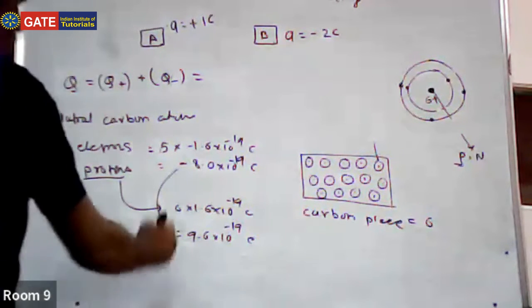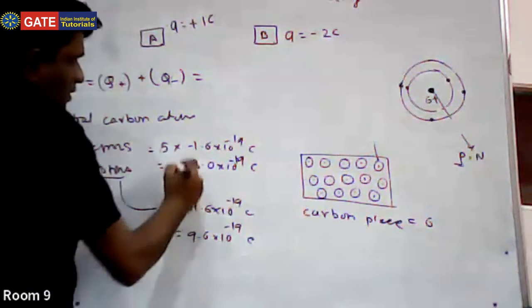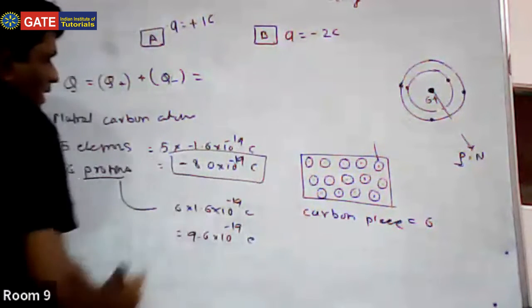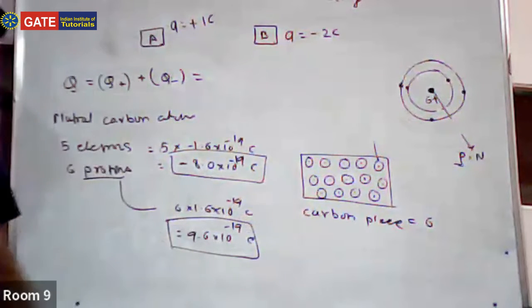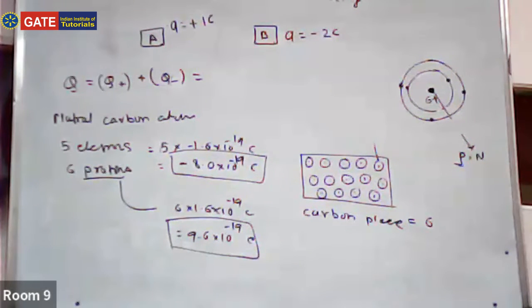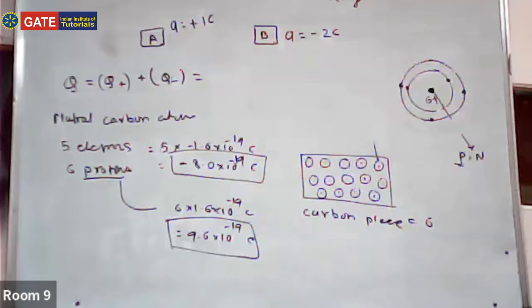See here, the negative charge is this much, this is the negative amount of charge, and this is your positive charge. So what is the total charge? 1.6 positive, sir.